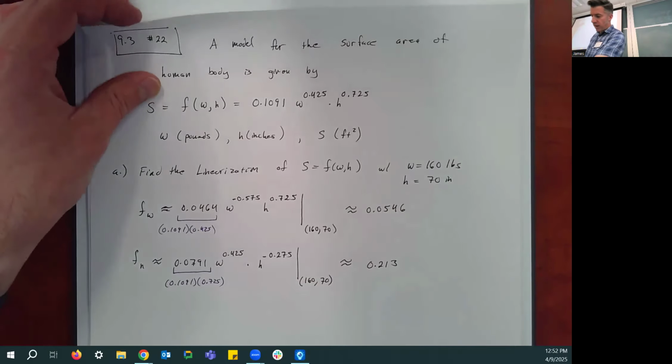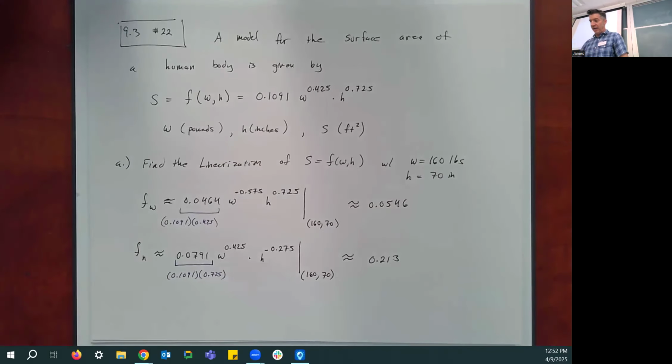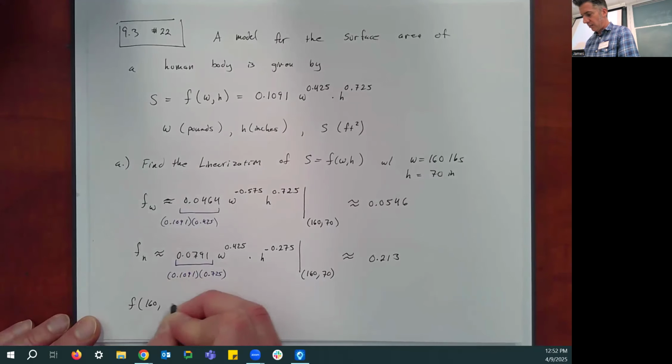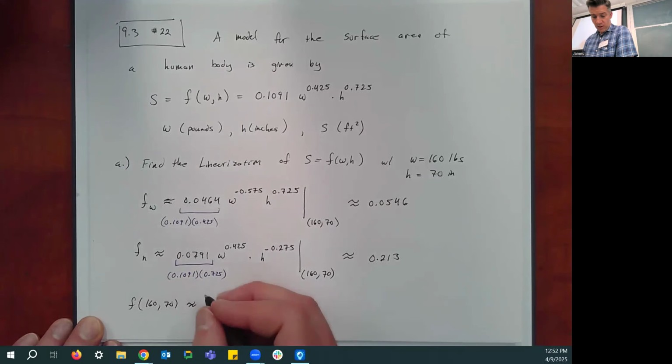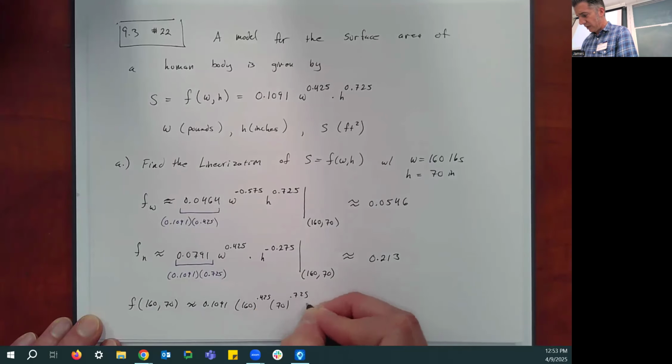All right, now we can fit this in here. I also need the function evaluated at the point. So f of 160 comma 70 is approximately 0.1091 times 160 to the 0.425 times 70 to the 0.725, which in a calculator gives about 20.524.